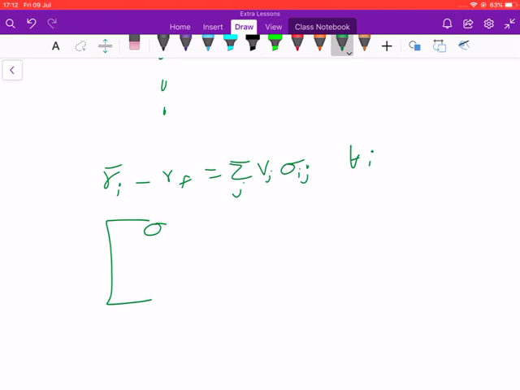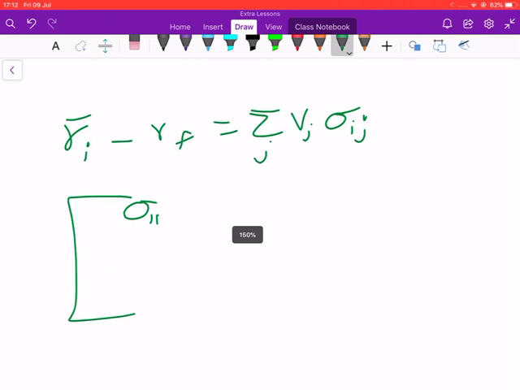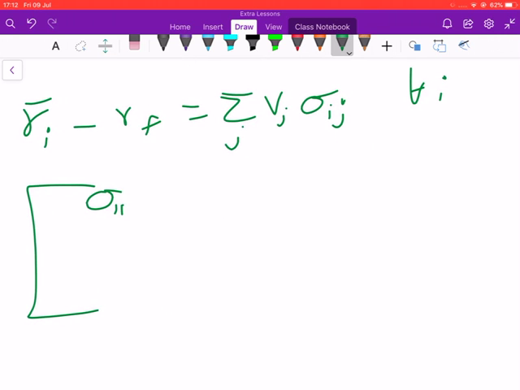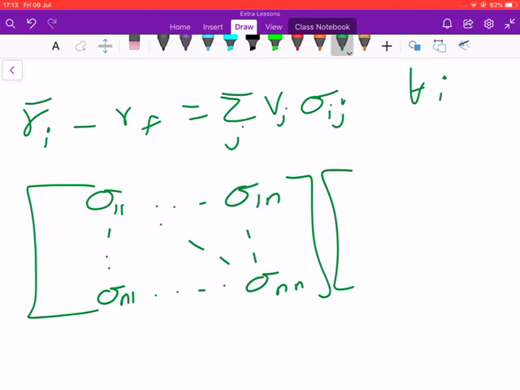You're going to have sigma 11 up to sigma 1n, all the way to sigma n1, all the way to sigma nn, multiplied by your weights v1 up to vn.